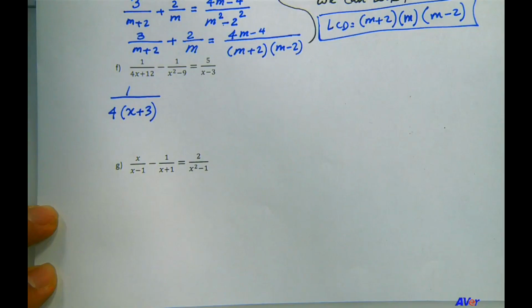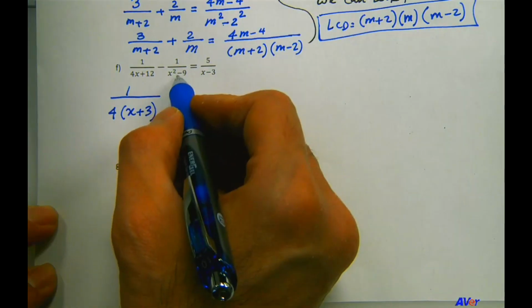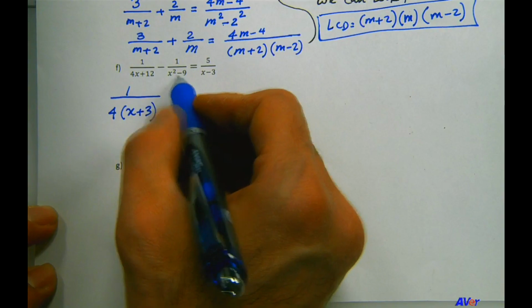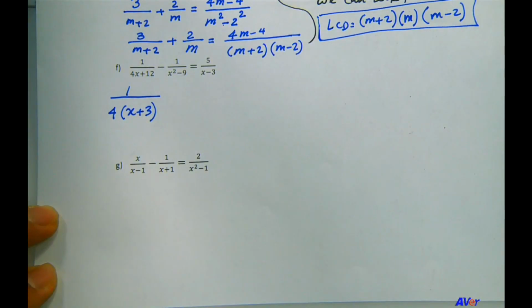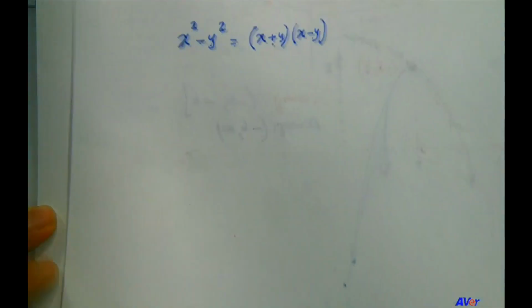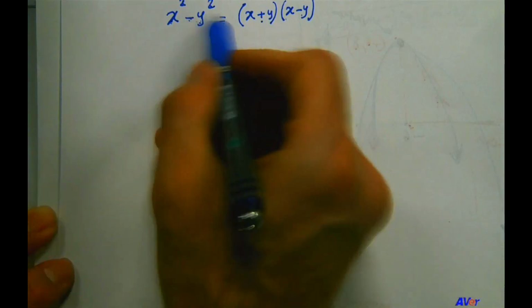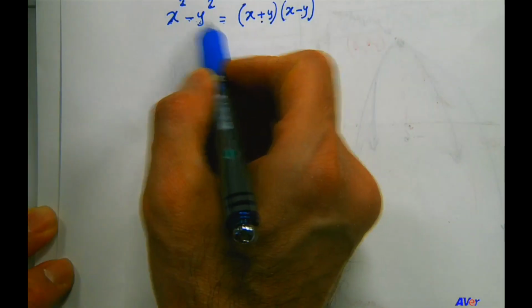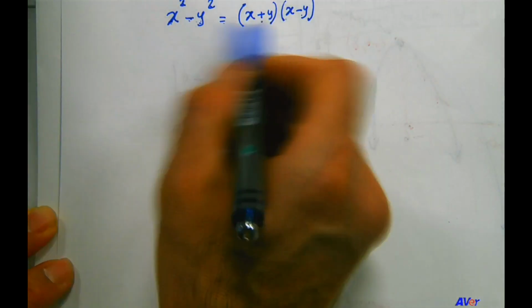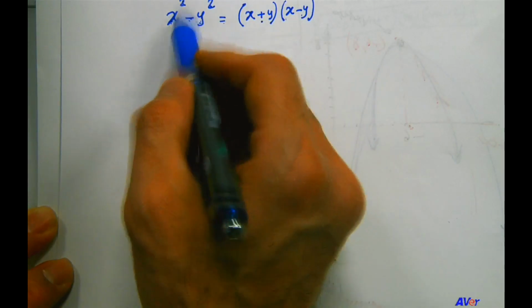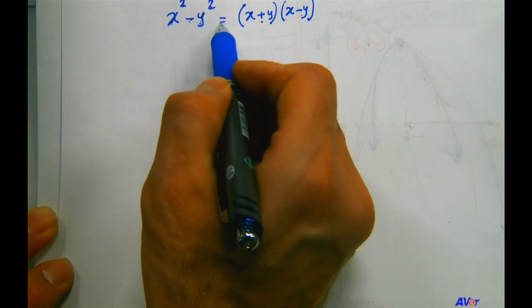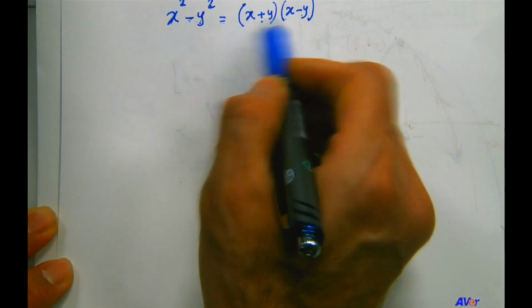Can that denominator be factored? Yes, because x squared is a perfect square, and 9 is a perfect square. Remember that? What do we do when we have perfect squares subtracted from each other? We can find the factors as follows. A perfect square minus another perfect square equals x plus y times x minus y.